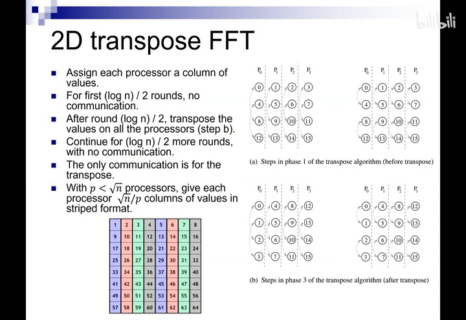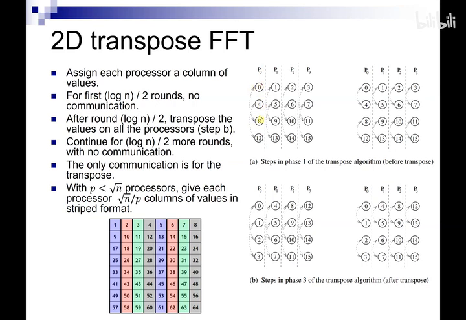You see that in this 2D FFT, for the first two stages, you're only communicating within a column, like between 0 and 8, or 1 and 9, and so on. The butterflies are within the same column, so there's actually no communication that we need to do, because each processor has an entire column of values.